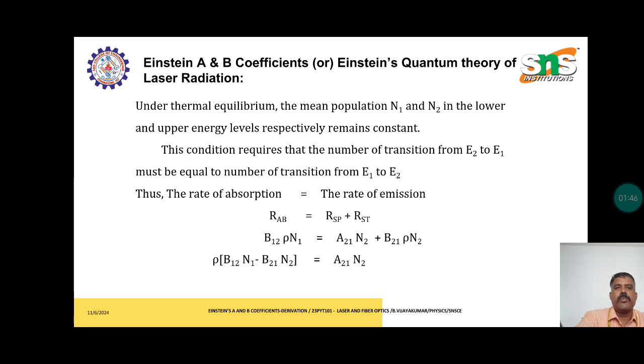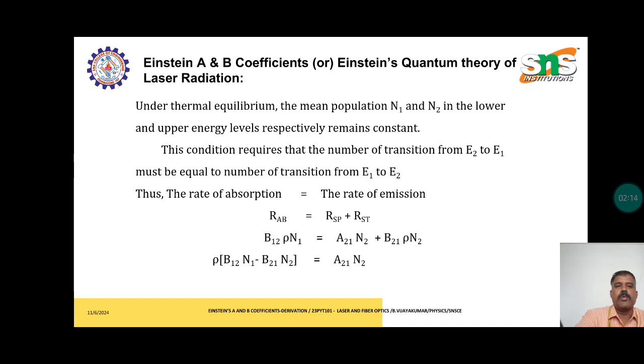Einstein A and B coefficients, or Einstein quantum theory of laser radiation. Under thermal equilibrium, the mean populations N1 and N2 in the lower and upper energy levels respectively remain constant. The condition requires that the number of transitions from E2 to E1 must be equal to the number of transitions from E1 to E2.